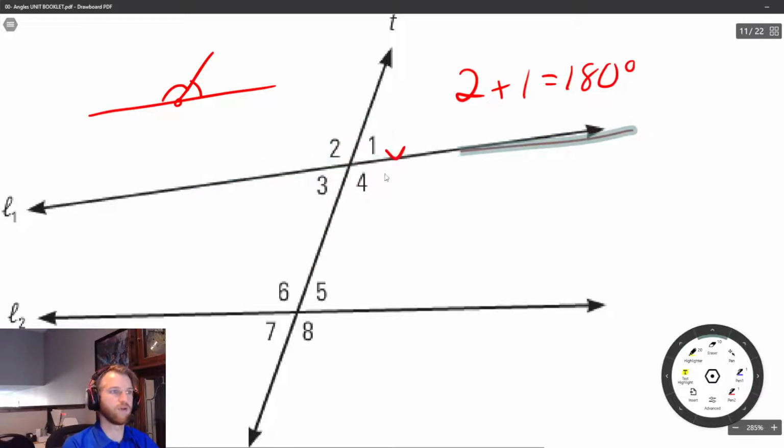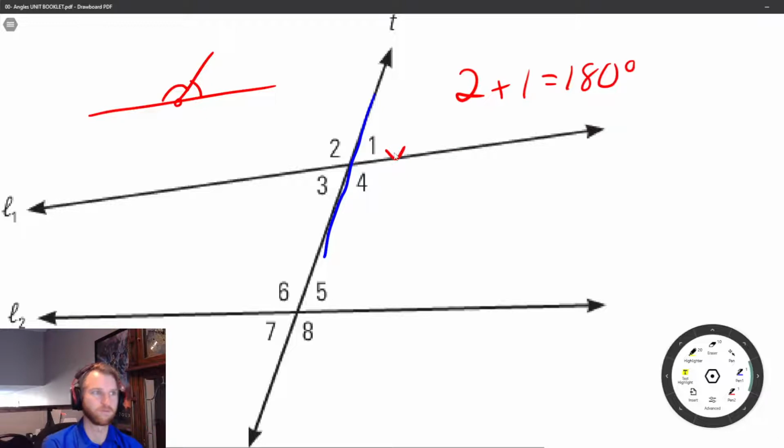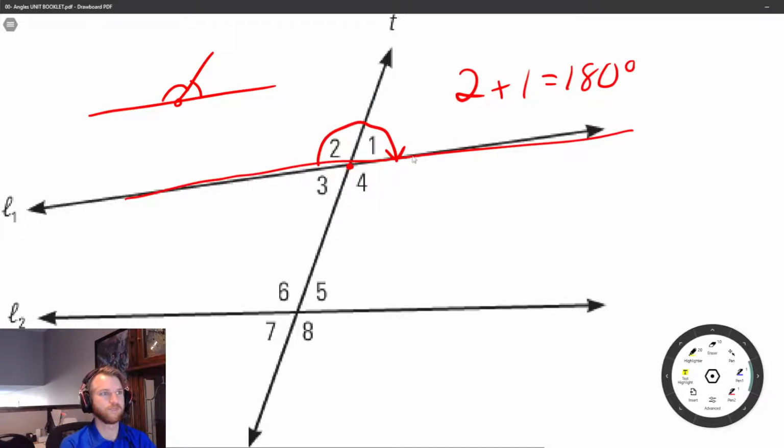You can keep finding more and more angles that are going to add up to 180. Here I have a straight line. It's being split. These two add up to 180. It's also being split on this side, a straight line being split into two. These two angles have to add up to 180. And so on and so on. If you look long enough, you're going to keep finding straight lines being split.